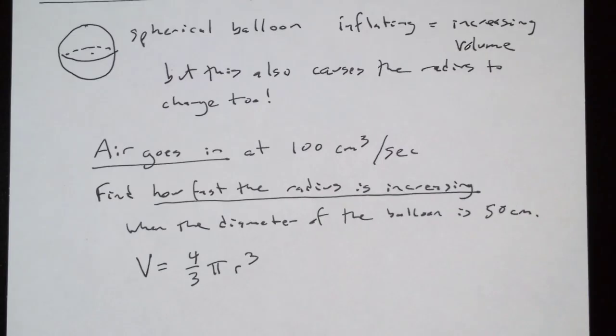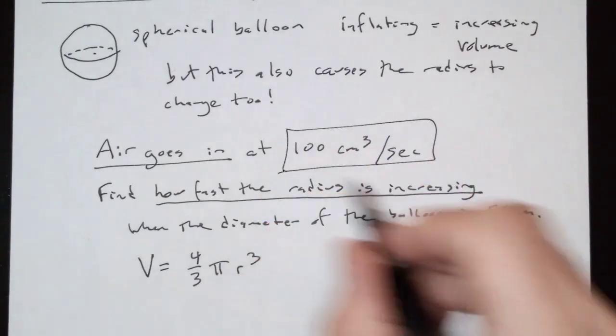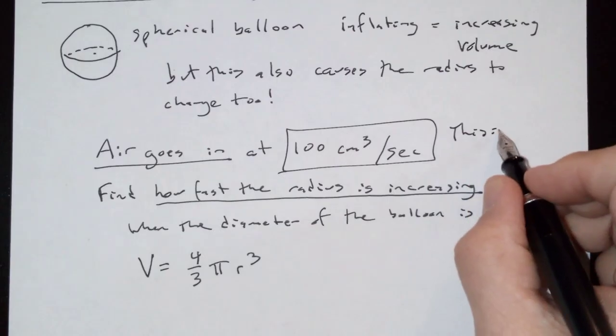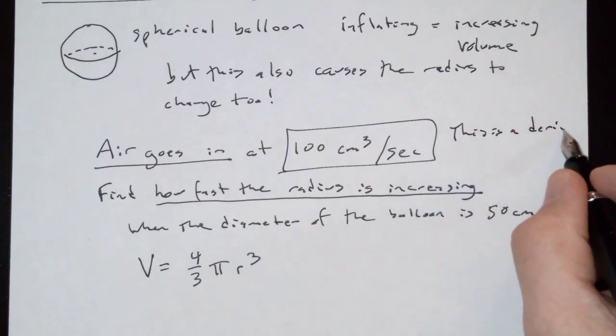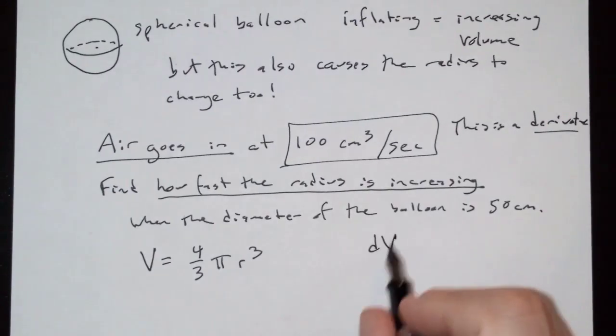That's volume per time, which means that this number 100 isn't a volume. It's a change in volume. It's a derivative. And it's not just any derivative.